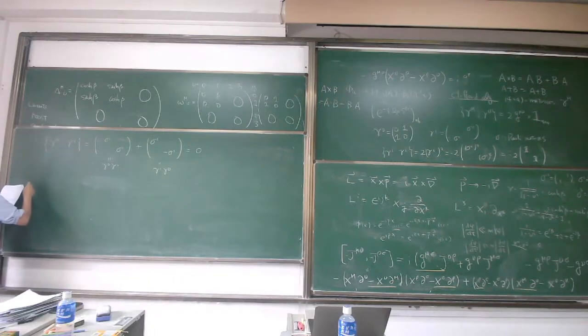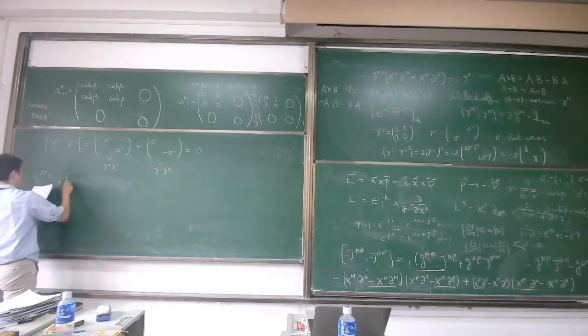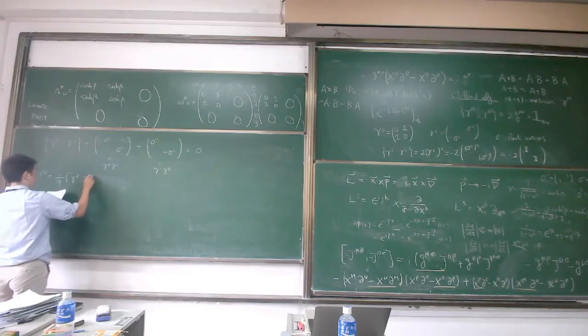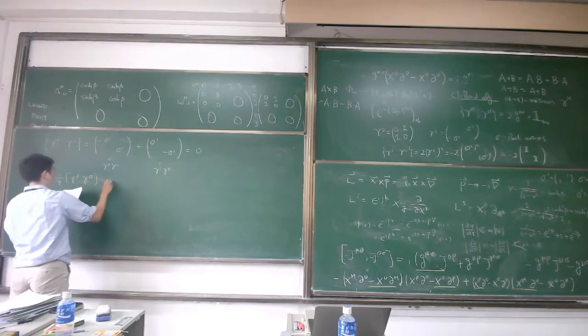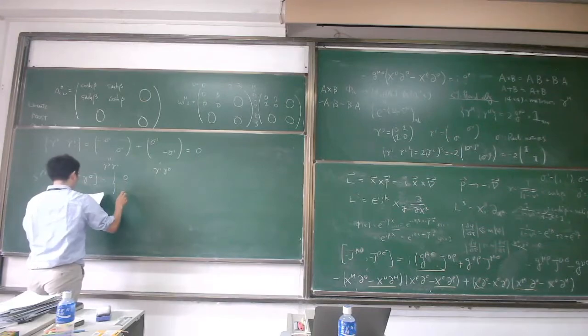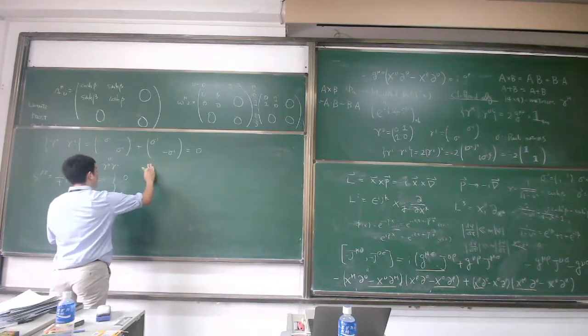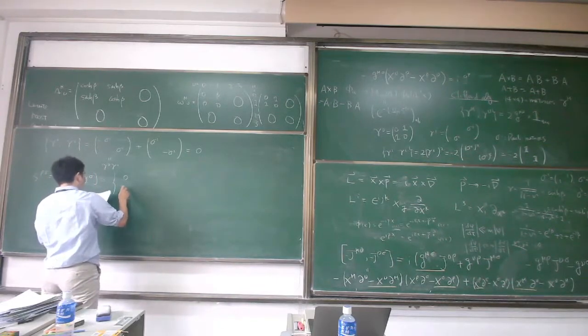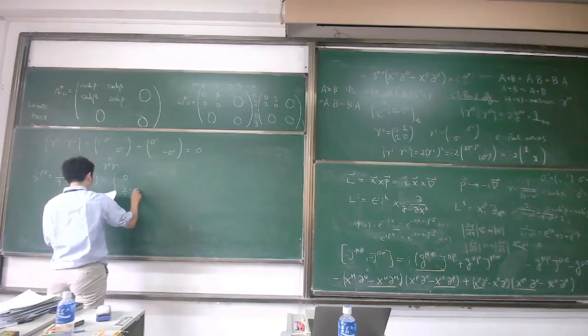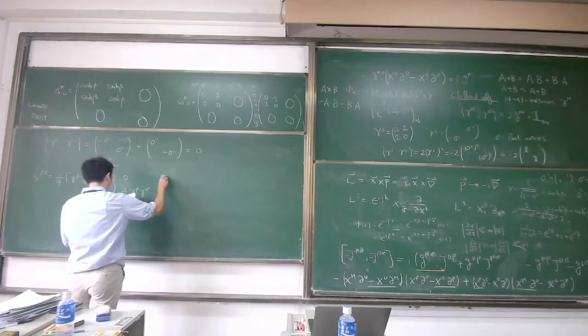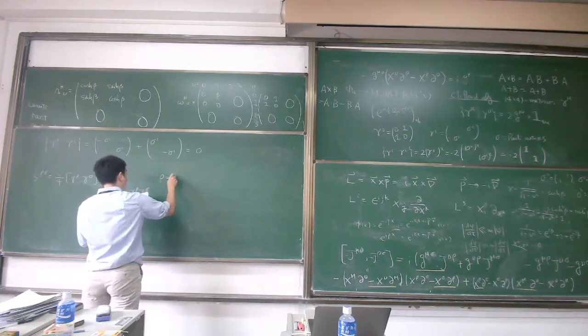So I define S rho sigma is i over 4 times the commutator of gamma rho and gamma sigma when rho is equal to sigma, which is 0, and then i over 2 gamma rho gamma sigma when rho is not equal to sigma.